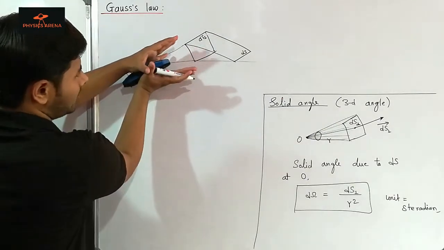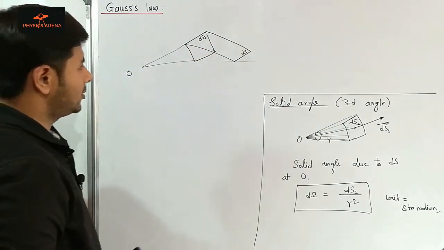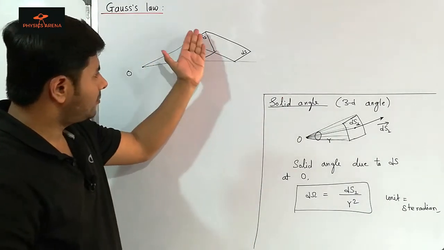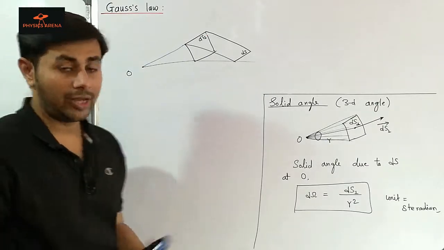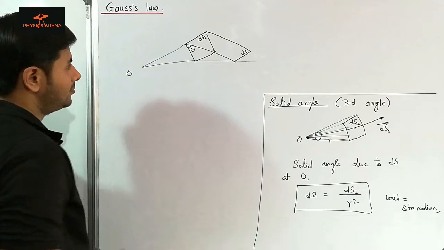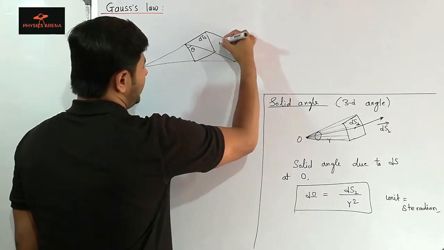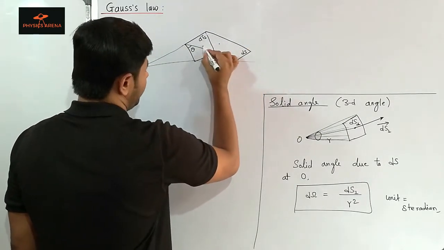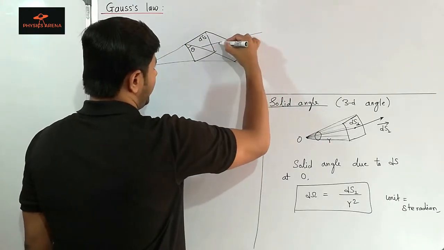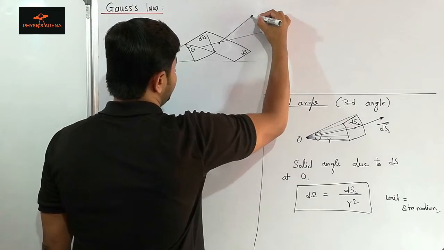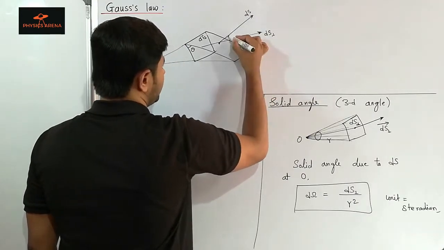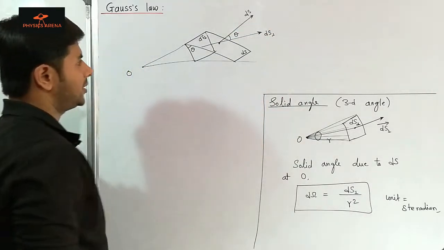So how to express this solid angle in terms of this surface? We have a clue that the angle between these two is theta. The angle between the perpendicular to ds perpendicular and the perpendicular to this ds is also theta.